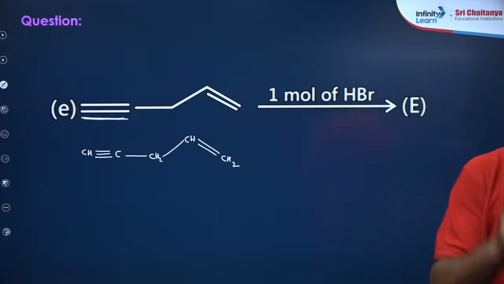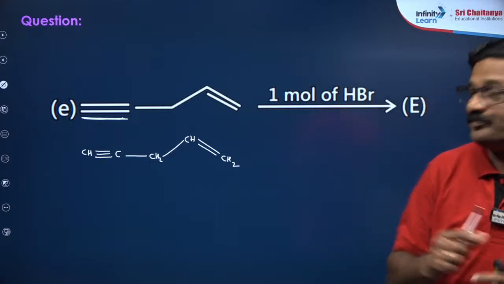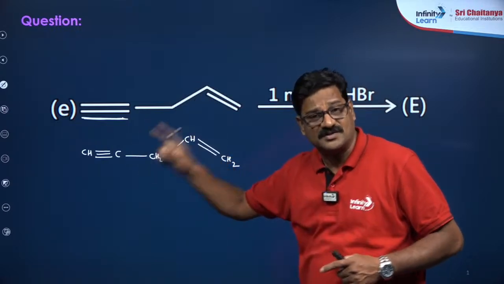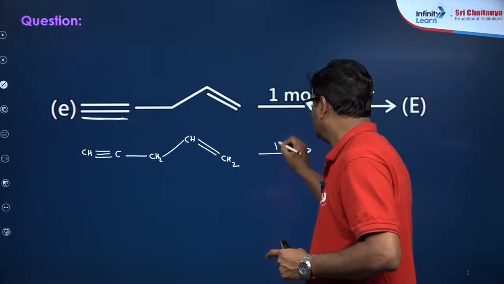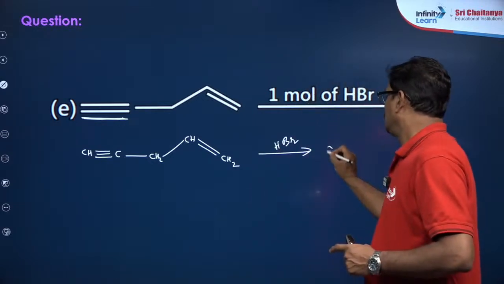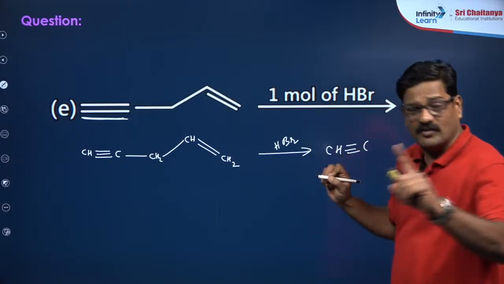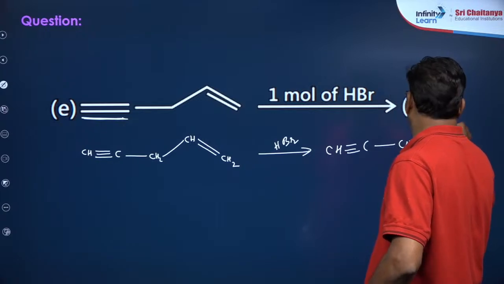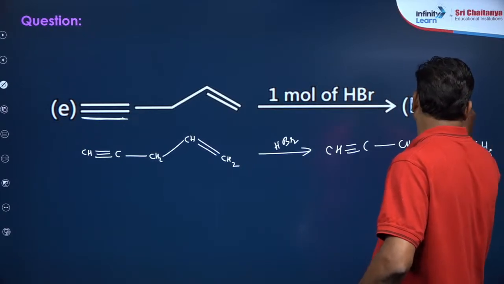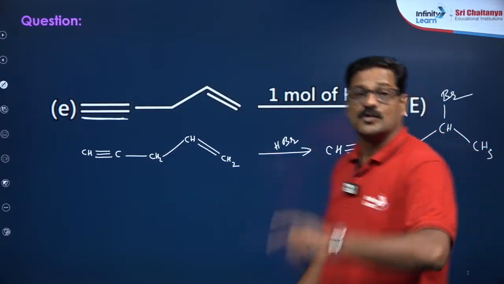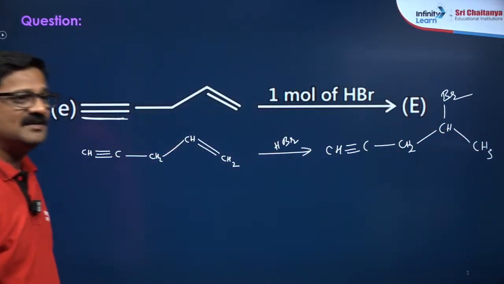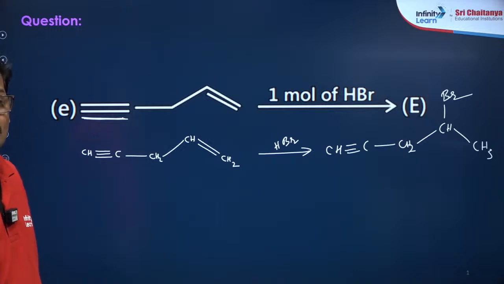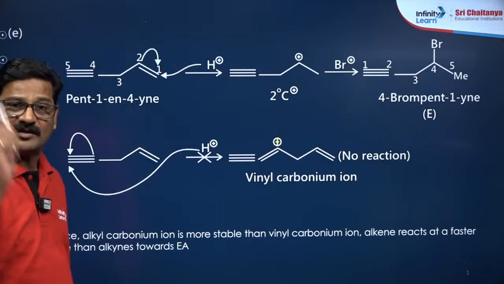Whenever a double bond and a triple bond are there, alkene is more reactive than alkyne in electrophilic addition reaction. Therefore, HBr is added so that the triple bond is not going to react. So it is going to give you CH2, CH and CH3 and Br. So alkene is more reactive than alkyne. Why? Because alkene is going to form an alkyl carbocation, alkyne is going to form a vinyl carbocation.